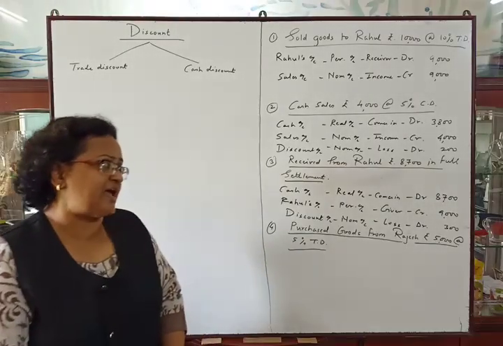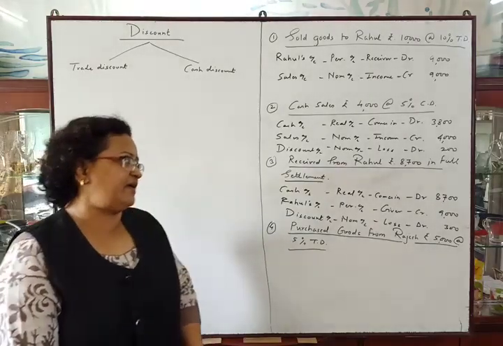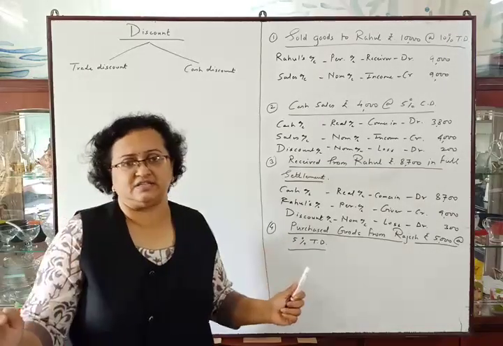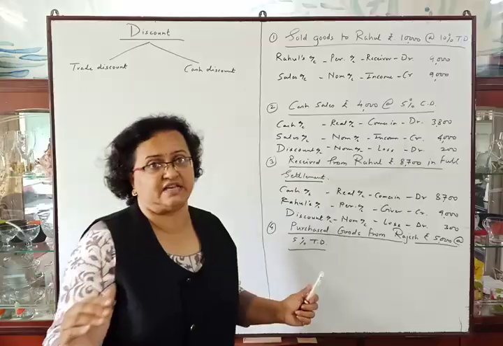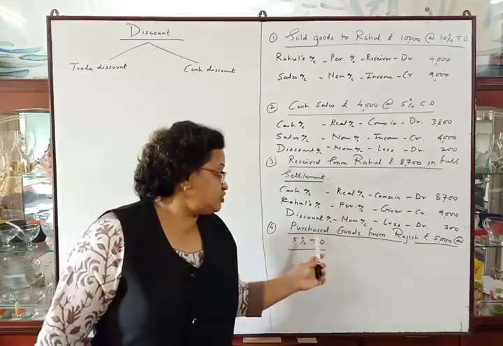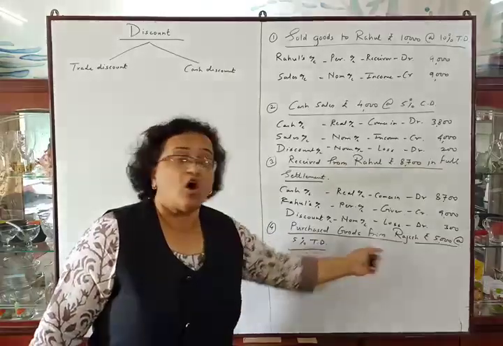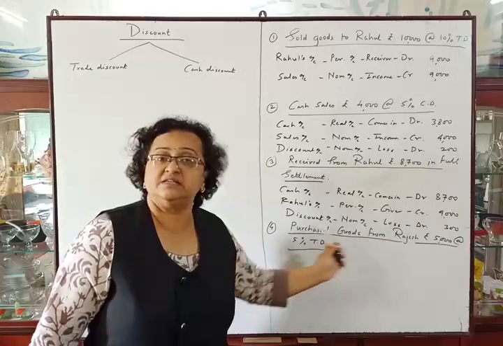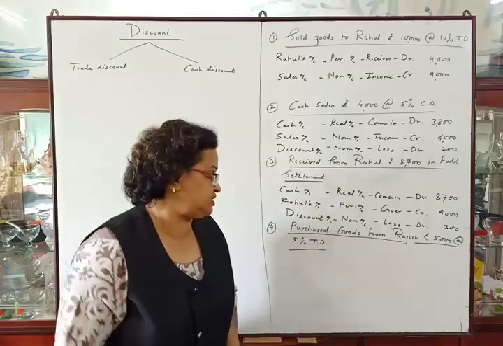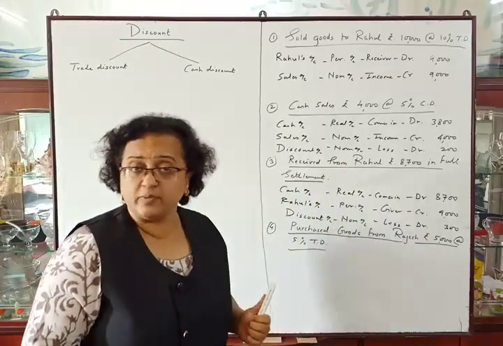Purchase goods from Rajesh rupees 5,000 at 5% rate discount. Purchase goods from Rajesh. This is a credit transaction because party's name is given, entry is of purchase and for cash words are not given in this sentence. Okay. So this is a credit transaction. We are purchasing goods from Rajesh.